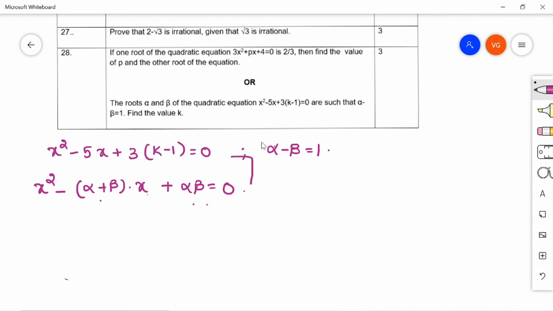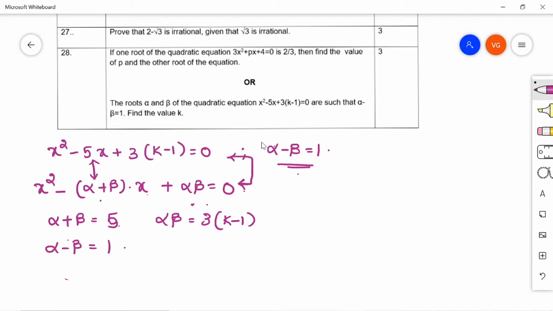Now compare the standard form with the given equation. So from this we can write alpha plus beta is equal to 5 here, right? And then alpha beta is equal to 3 into k minus 1. So we know alpha plus beta is 5, and one more equation they have given in the question itself. Alpha minus beta is equal to 1.